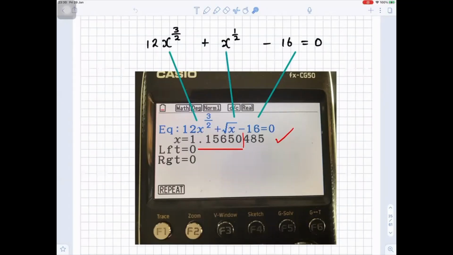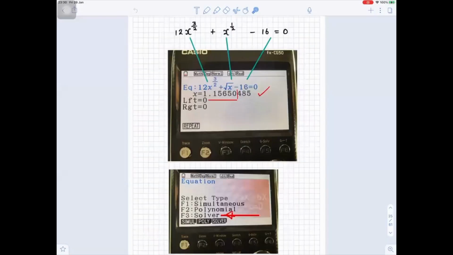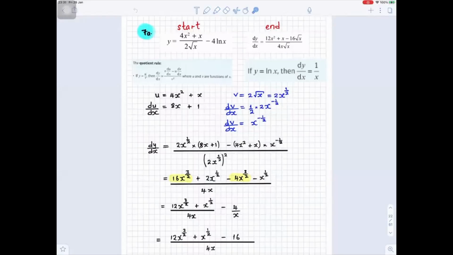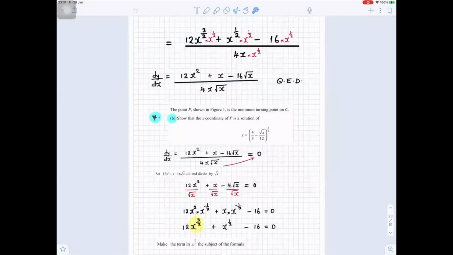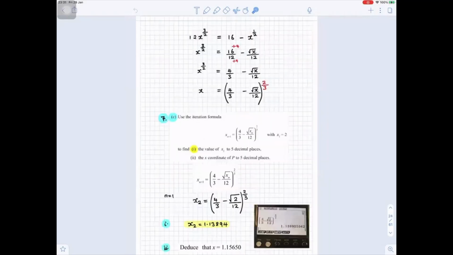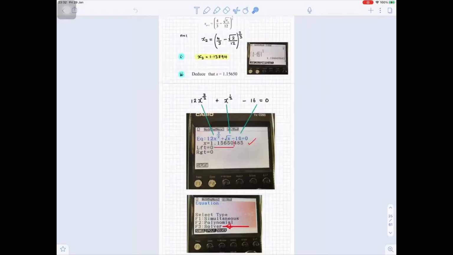And that is what you do to show it. In your graphics calculator, you would go into F3 equation solver to do that. So that's the first part of question 7a. And this shows completion of 7a and the first part of 7b. And this shows 7c, part 1 and part 2. And this shows how you can use the equation solver to solve that equation.